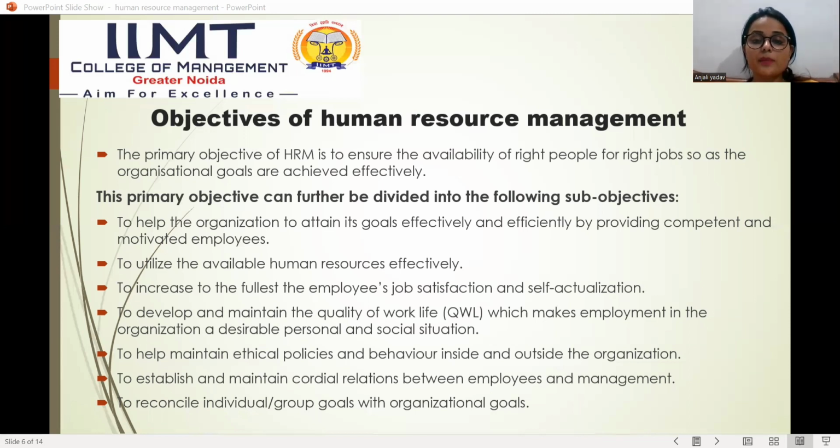Further, this primary objective can be divided into certain sub-objectives.